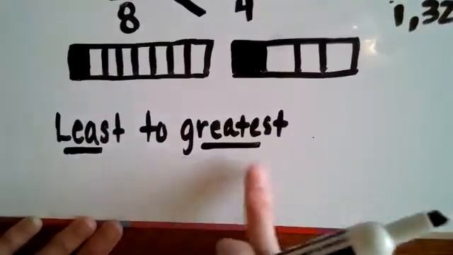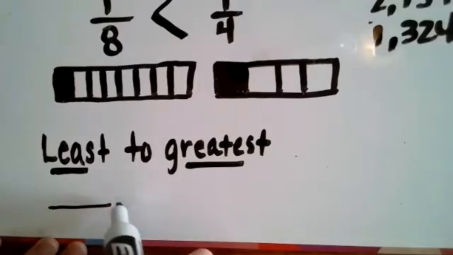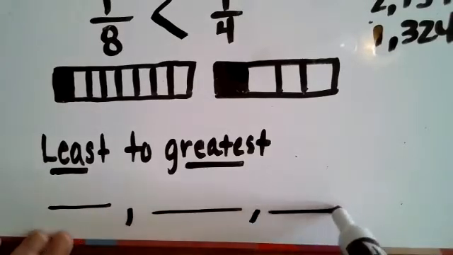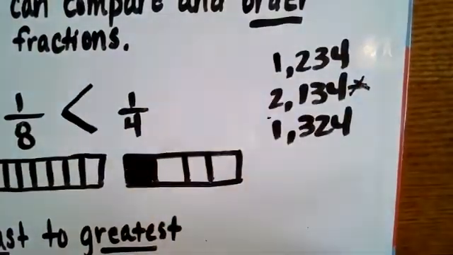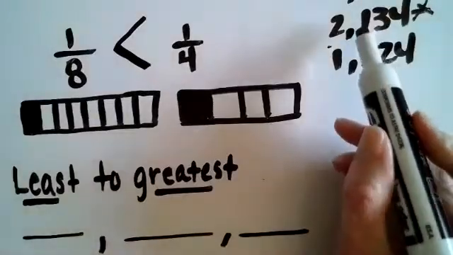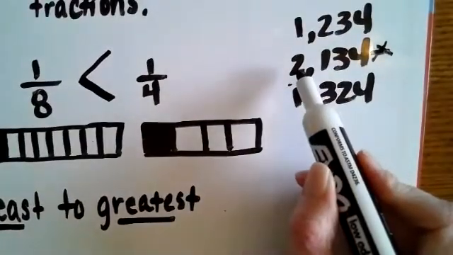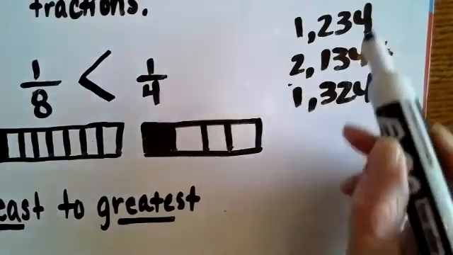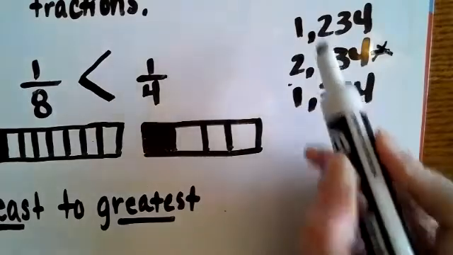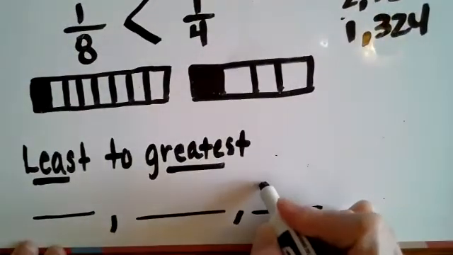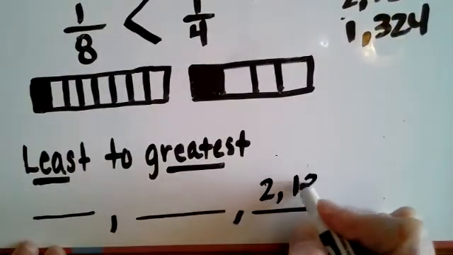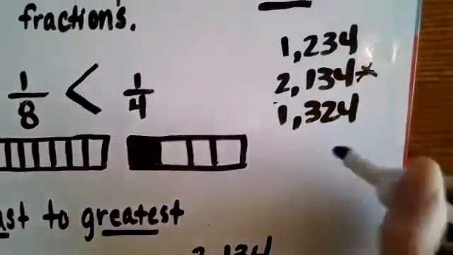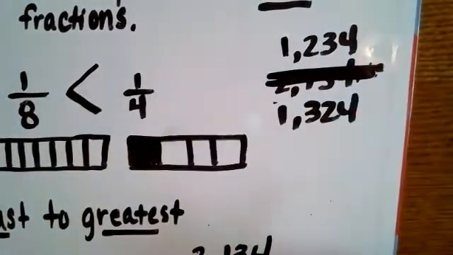My directions say least to greatest, so I could give myself 3 answer spaces because I know I'm working with 3 numbers. I've already determined that this is 2,000. It's going to be way more than any number that has only a 1 in the thousands place. So I'm going to right away put that as my greatest value, and then cross that out. So my brain knows, check, done.